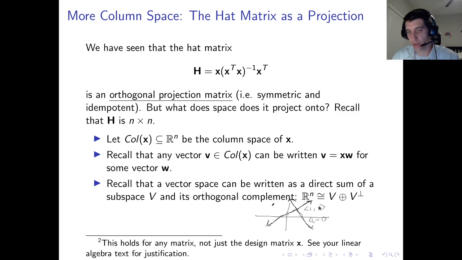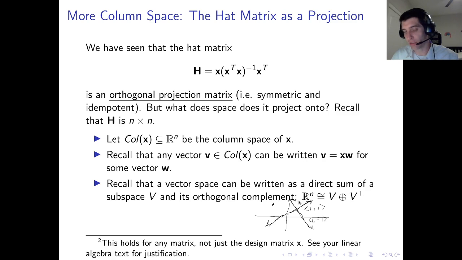Here, instead of having these two different lines, we have planes where we think about V and V perp, the orthogonal space, which is all the vectors that are orthogonal to V. But what this is saying is we can decompose Euclidean space, the space of n real numbers, into a subspace and its orthogonal space.